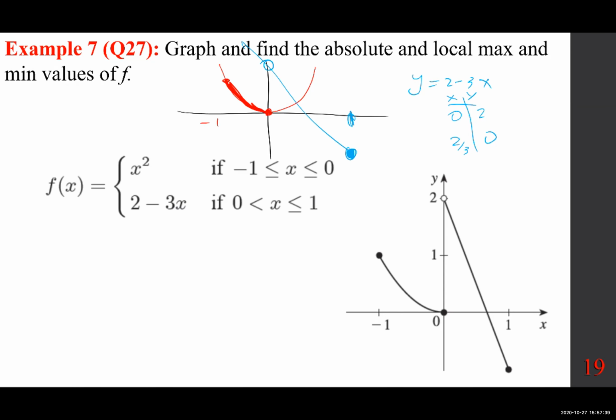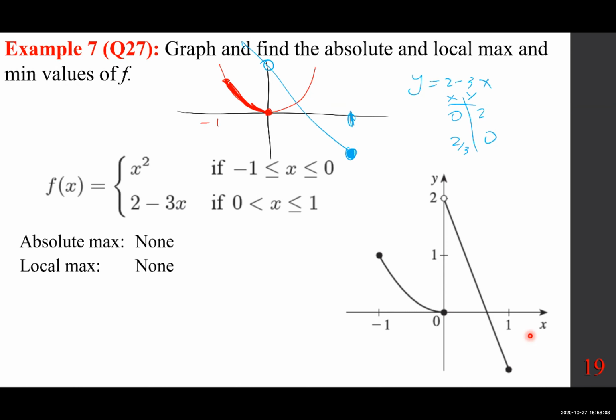This is much better. So as you can see from the graph, the only thing that we have is an absolute min, everybody. This is an absolute min, which is the y coordinate for this one, which is -1 at 1, minus 1. We don't have anything else. We don't have an absolute max. We don't have a local max.